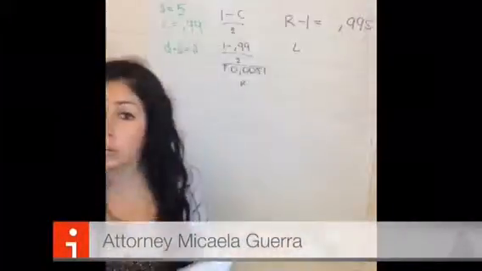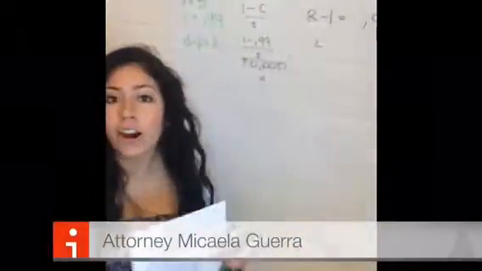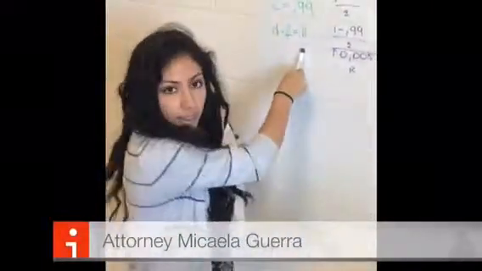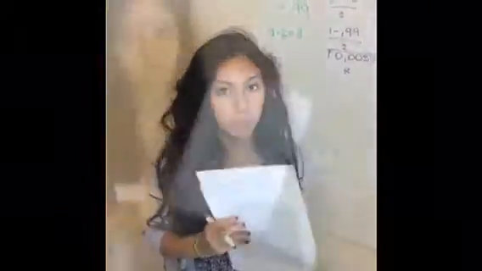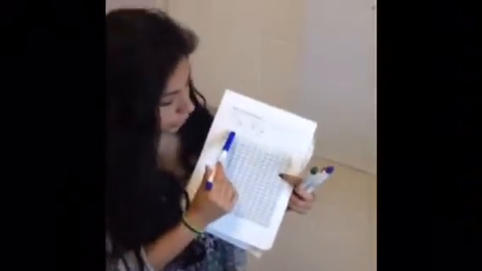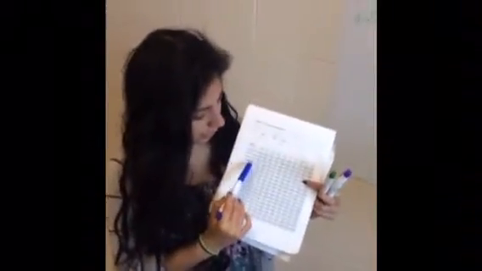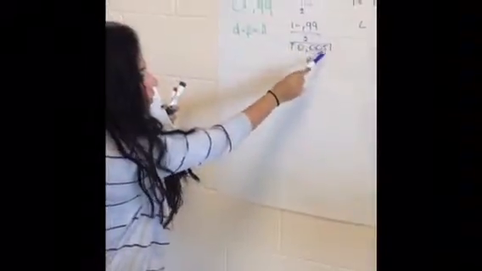Now we're going to take our degrees of freedom, that will be 11, and look in the table. So we look in the table, and here it is, 11 degrees of freedom. And we look for R, that will be 0.005. And this gives us 26.757.